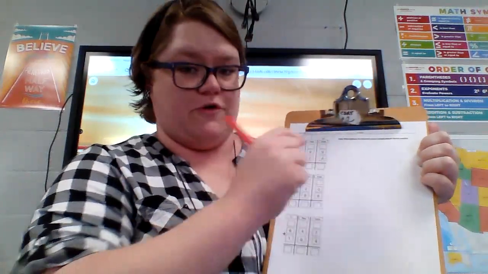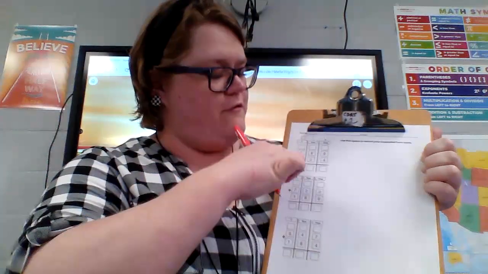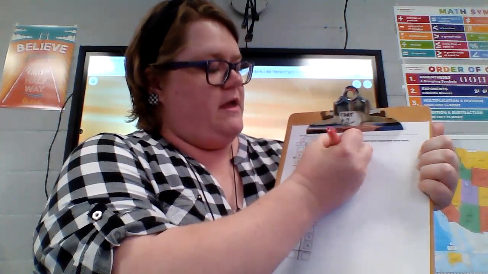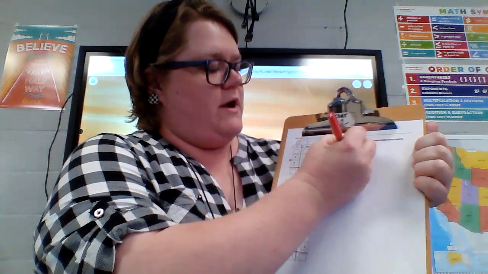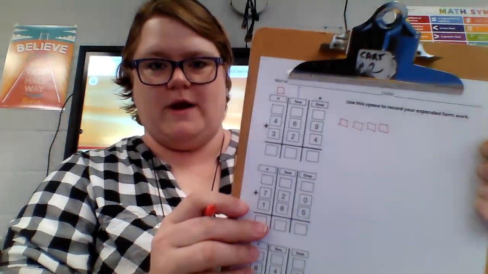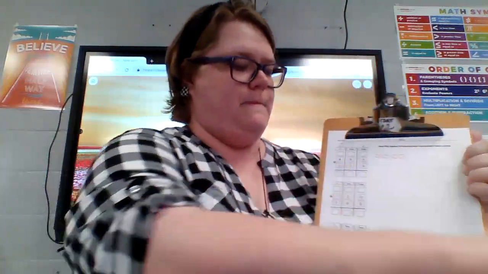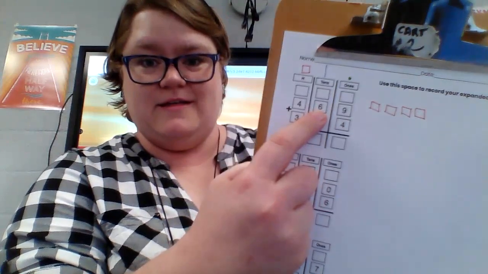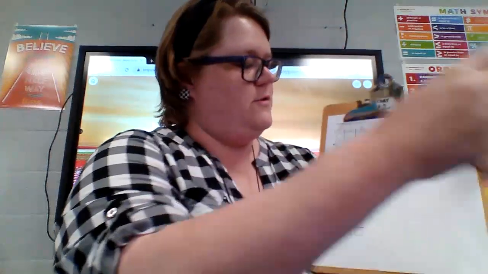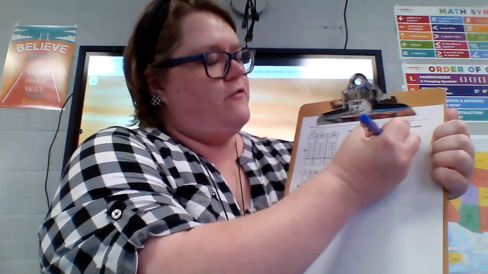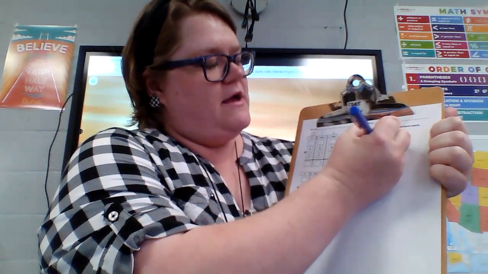So first of all, how many hundreds? 4 hundreds. So let's draw it. 4 hundreds will be 4 squares. Okay? Now, 460, 6 tens. Let's do it. 6 tens is 1, 2, 3, 4, 5, and 6.